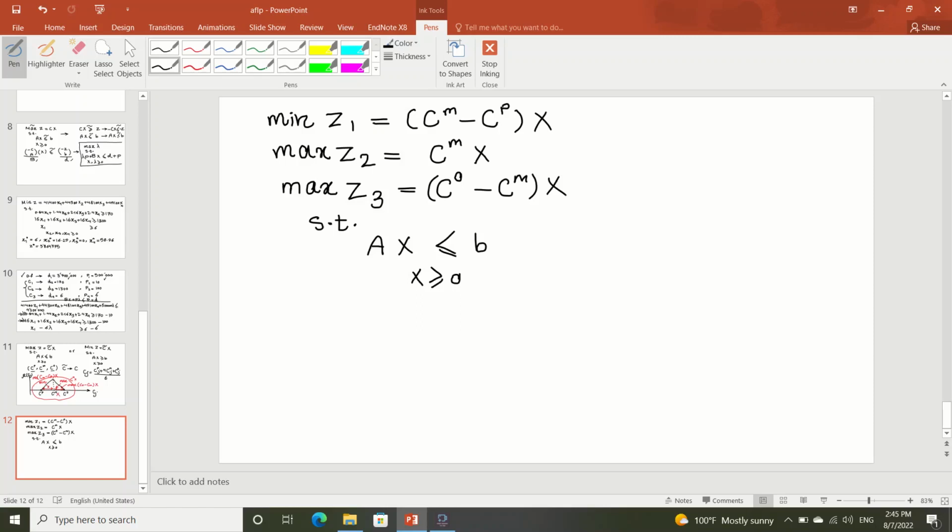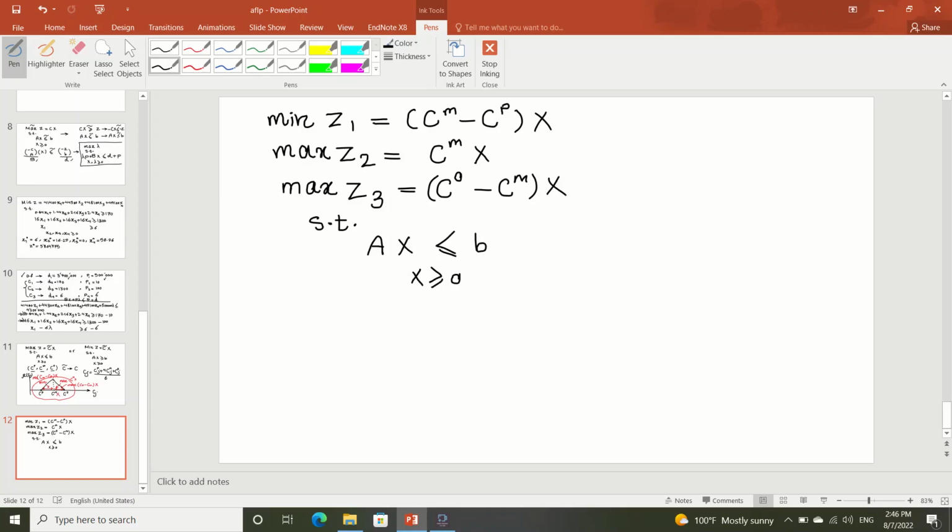Okay, so we explain the structure of converting the fuzzy linear programming to the crisp linear programming. There are three objective functions. In the first place, we are going to solve the model with each individual objective function.